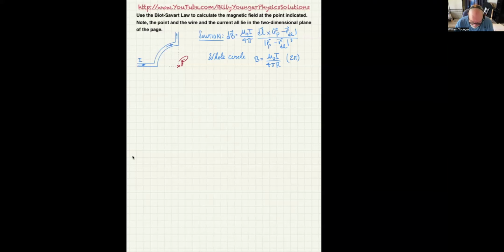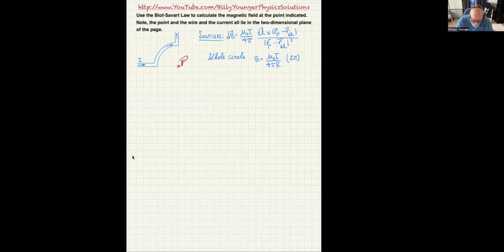Then the magnitude is going to be mu 0 I over 4 pi r times whatever the angular measure is. For instance, in this example that I'm getting ready to work, you can see the angular measure is only basically pi over 2. So we could call that little part in parentheses pi over 2.